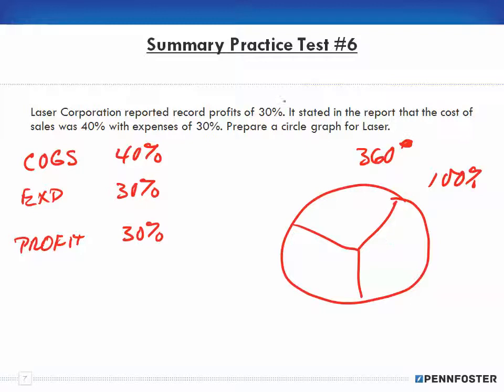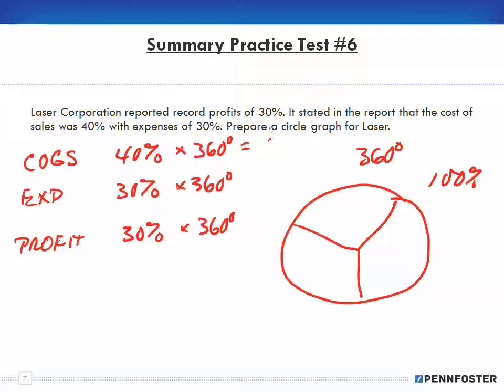Well, if a circle is 360 degrees, we can multiply the 40% by the 360 degrees, the 30% by 360 degrees, and the profit by 360 degrees, in order to determine how many degrees each is.